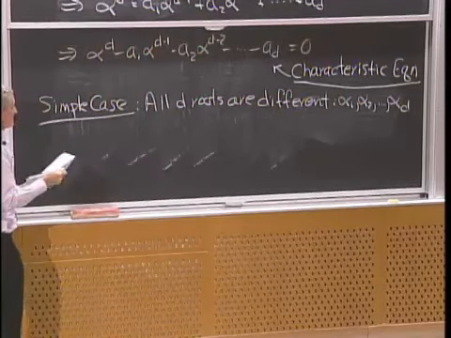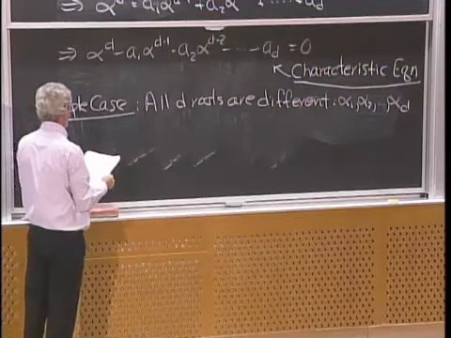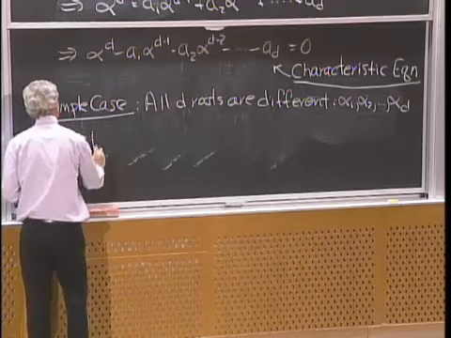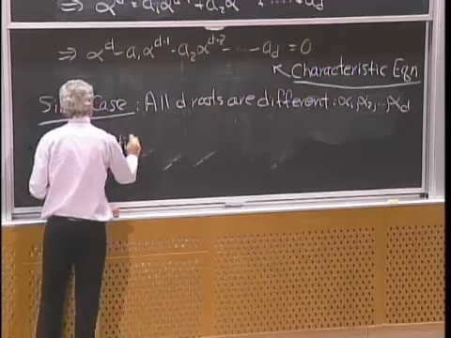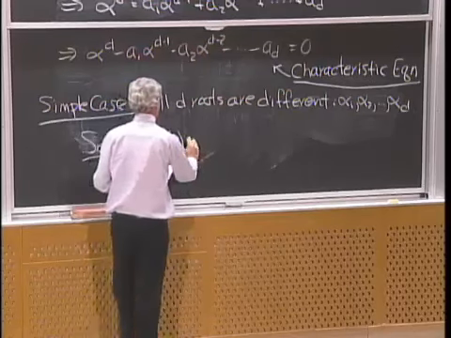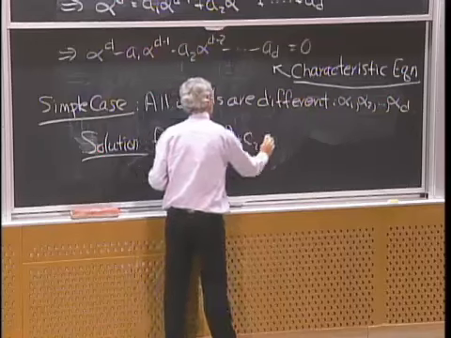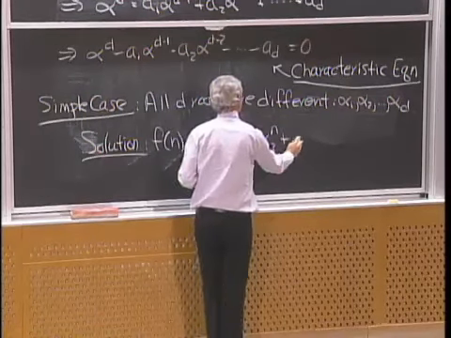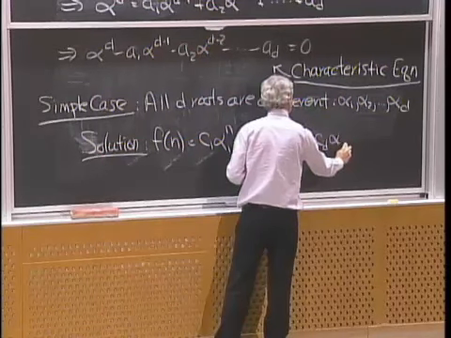In that case, the solution is all linear combinations of their nth powers, just like it was with Fibonacci, without the boundary conditions. C1 alpha 1 to the n plus C2 alpha 2 to the n plus C_d alpha d to the n.